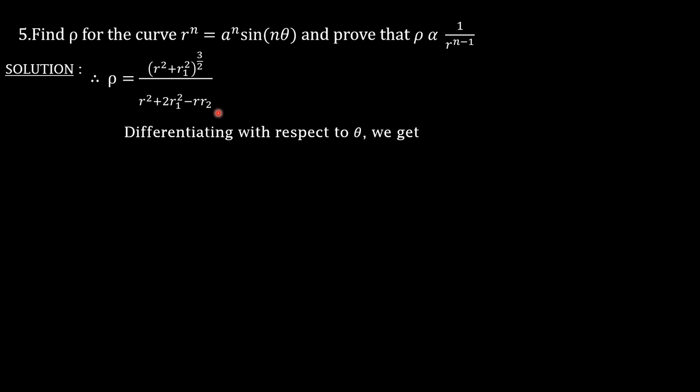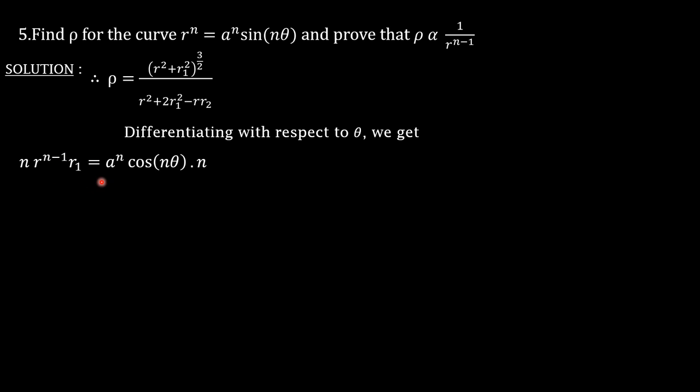So just differentiating the given curve, that is r to the power n is equal to a to the power n into sin n theta, with respect to theta, so that we get, what is the differentiation of r to the power n with respect to theta, students? It is n into r to the power n minus 1 into r1. r1 is nothing but dr by d theta, right?